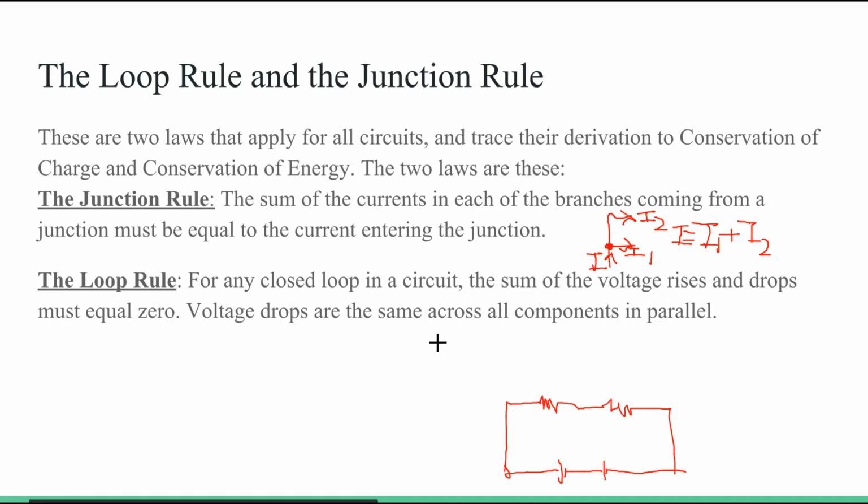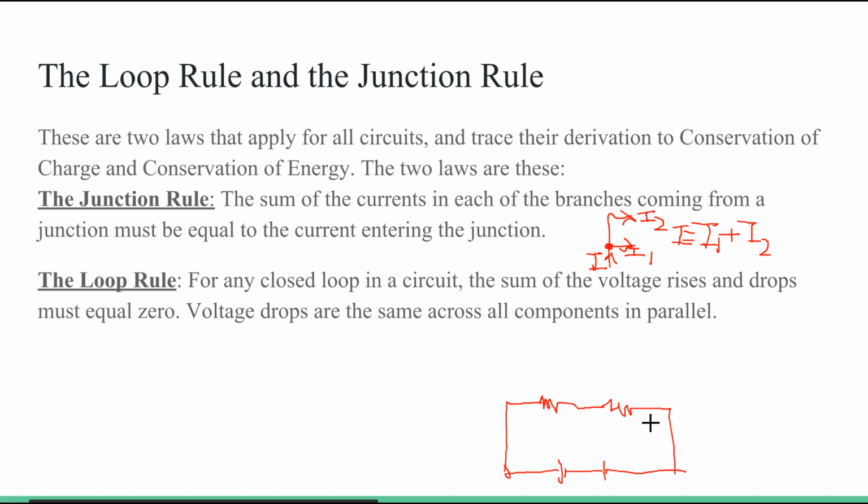Why? I may have explained this in the last example. If the voltage drop were more than the voltage gained, that means you must have had some extra energy there somewhere. And since there's not really any work being done, you just violated the conservation of energy. But what if it didn't drop enough voltage? If the voltage rise was actually greater than the voltage drop, that means it lost energy somewhere.